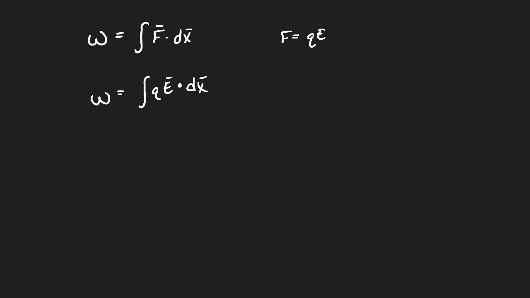Now, continuing on from here, I want to remind you that this is a dot product. We're calculating work. And this would be the work done in moving a charged particle through an electric field. Work done by the field, if you like.